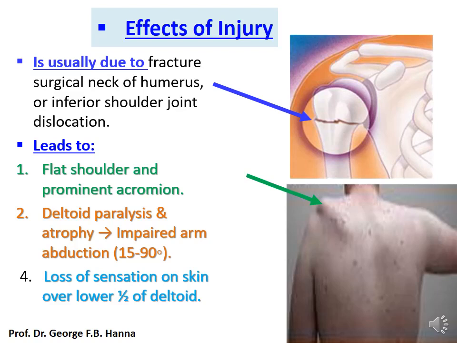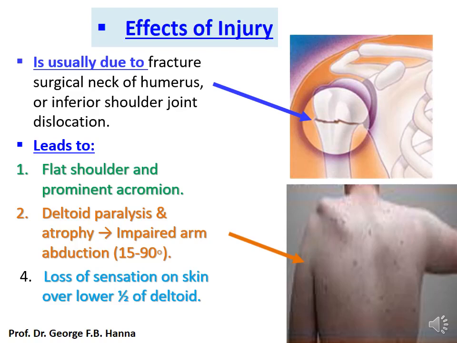Now deltoid paralysis and atrophy, this is number 2. Deltoid here is paralyzed. The arrow changed to the same color of number 2. And when you have a deltoid muscle paralysis, this means that only one action will be manifested on the patient, which is impaired arm abduction from 15 to 90 degrees.